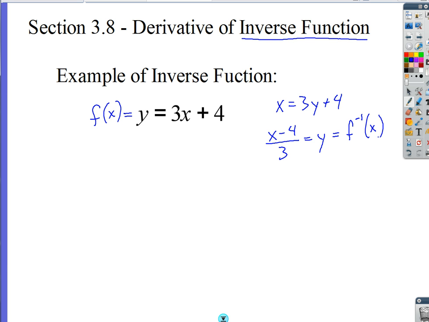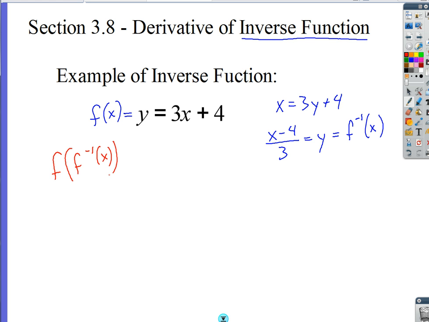We want to go a little bit further, and one of the things you should have picked up last year in pre-cal is an even deeper relationship between f of x and f inverse of x. The deeper relationship you should see is by figuring out what f of f inverse of x is, and looking at that composite function.